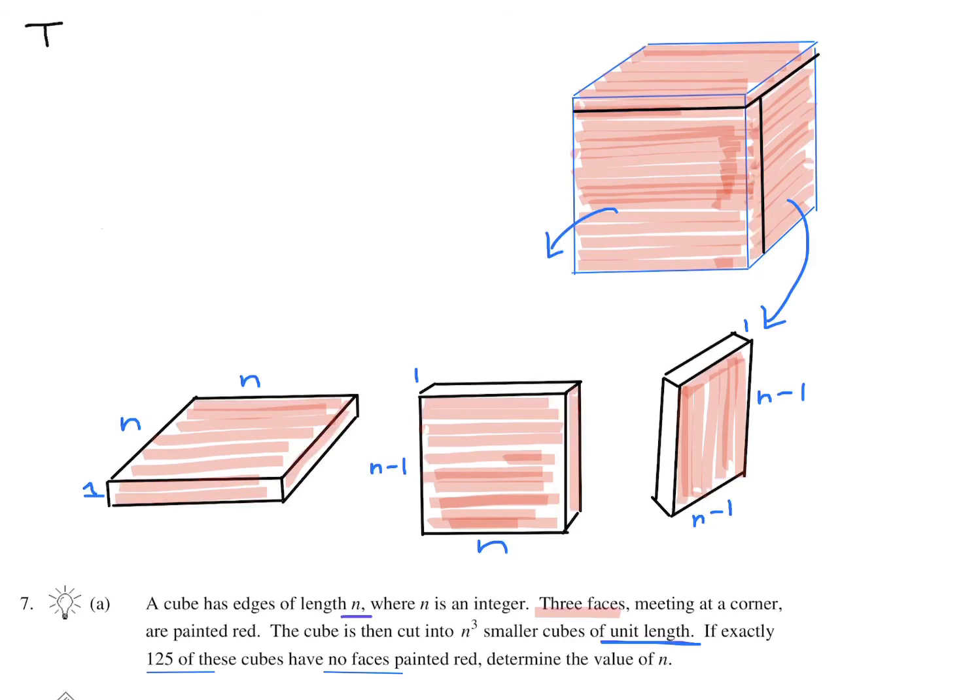The total number of cubes, if you were to break this up, is, of course, n to the power of 3. And I think they even tell you that. Yeah, they do. That's the total number of cubes. And the ones that have red anywhere painted on them, one face or somewhere, two faces, is going to be figured out with our three diagrams.